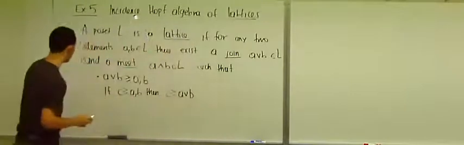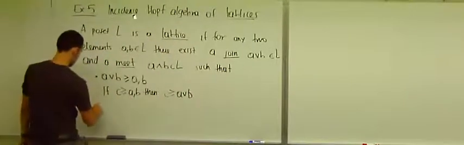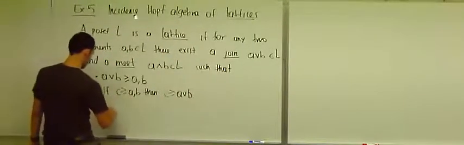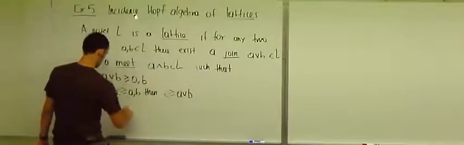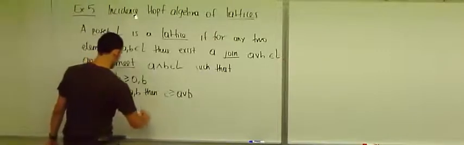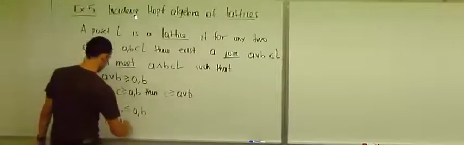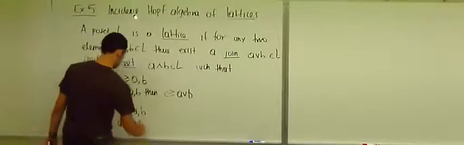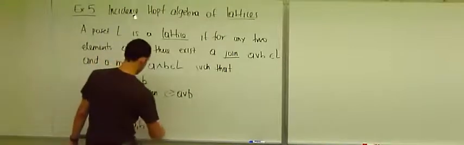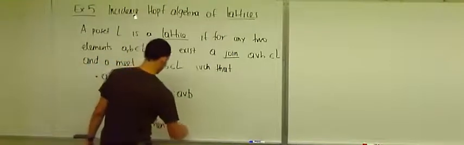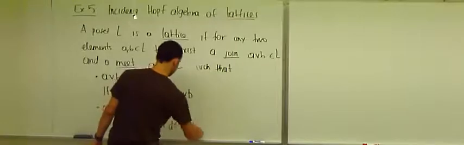And dually, the meet is less than or equal to both A and B, and if you have some element of the poset which is less than or equal to A and B, then it has to be less than or equal to the meet. Okay?